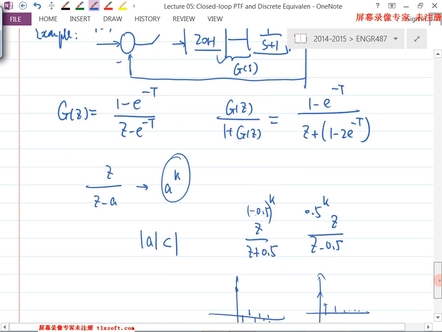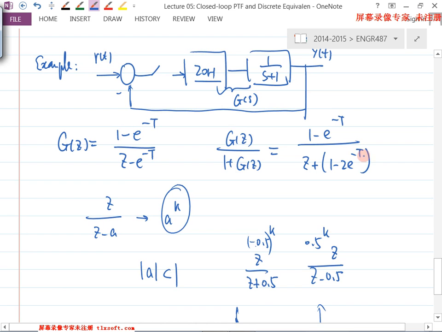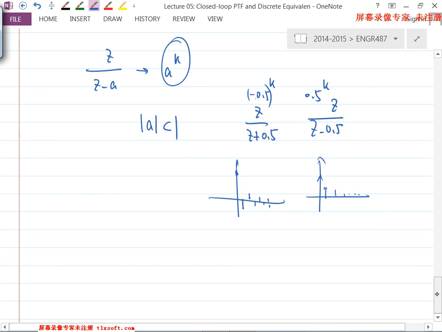So for this particular system, for this closed loop system, where's my pole? Here's my pole here, right? This is my pole. In other words, the pole here is -1 plus 2 times e to the power of negative t. That's the pole.